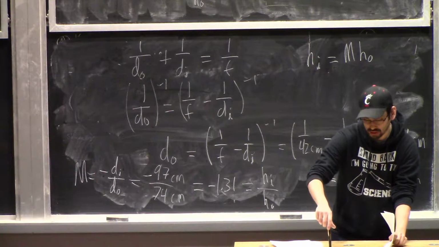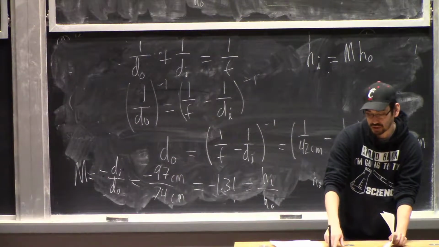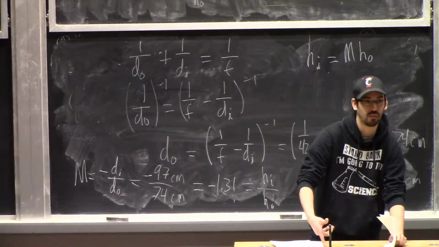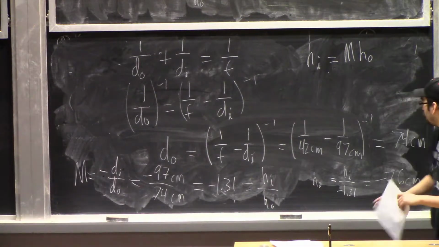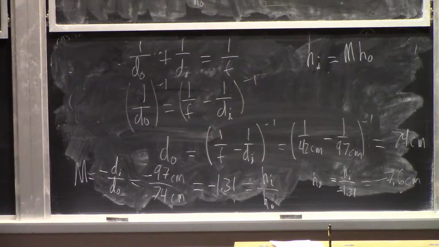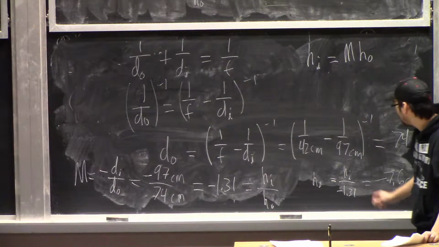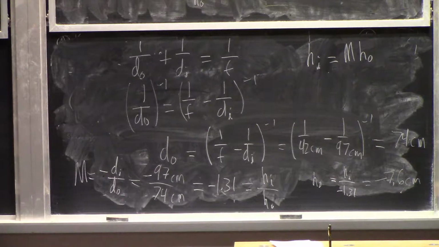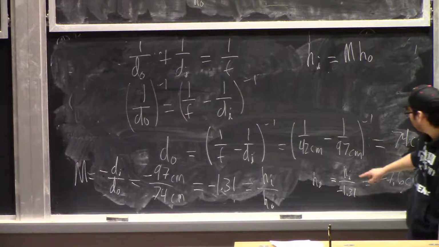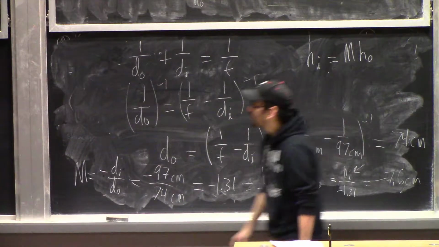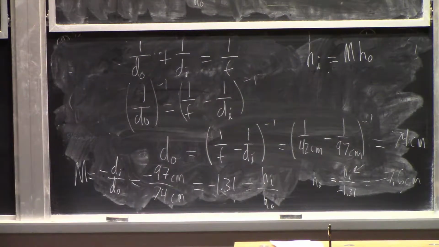So it has a positive distance, but we also say that it has a positive height because we're always starting with this upright. What can change is whether the image is inverted or not. The object is always going to be positive. And so when I look at this equation and I see, oh, I got a negative sign for the height of my object, there's something funny going on here. Really, what we want to do then is to say, rather than saying that this is the 10 centimeters as stated in the problem exactly for the height of the image, we need to put in a negative 10.